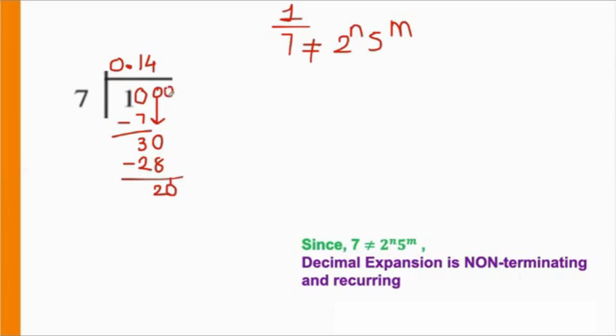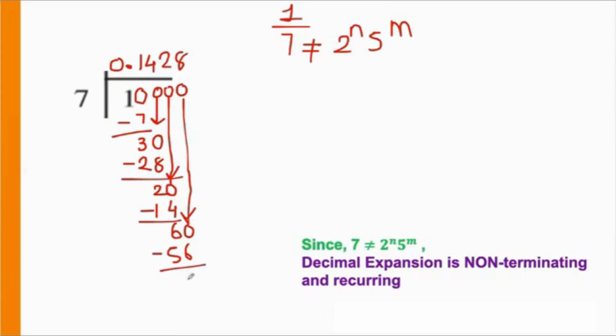We will have to put another 0 here and bring it down. So this becomes 20. 7 twos are 14. 20 minus 14 gives us 6. We will put another 0 and bring it down. This becomes 60. 7 eights are 56. You will get 60 minus 56 is 4, and we put a 0 and bring it down.